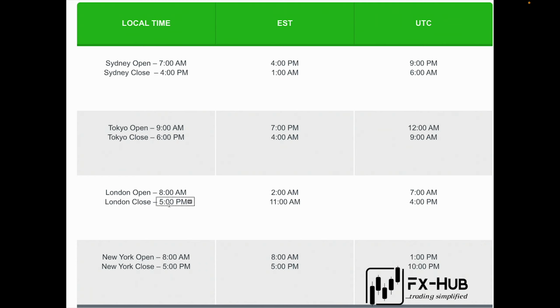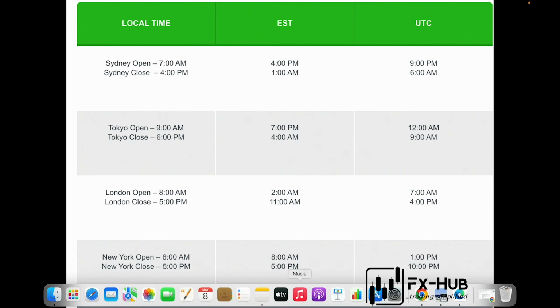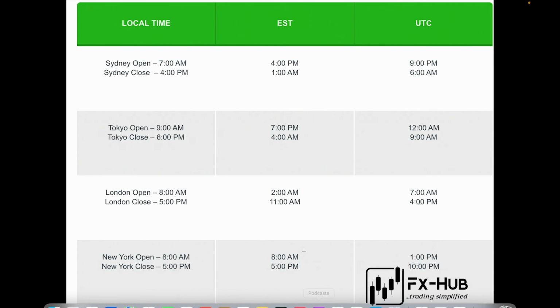Here you can see London open, London close, and here you can see New York open, New York close. You also notice this EST, Eastern Standard Time, and UTC, which means Coordinated Universal Time. So you can take a look at that and do more research on it yourself.